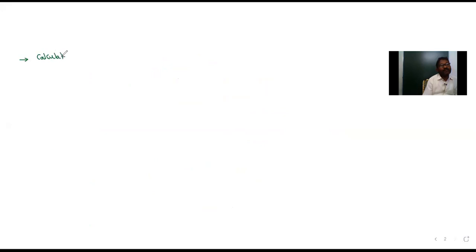Calculate the oxidation state of underlined element of the following.